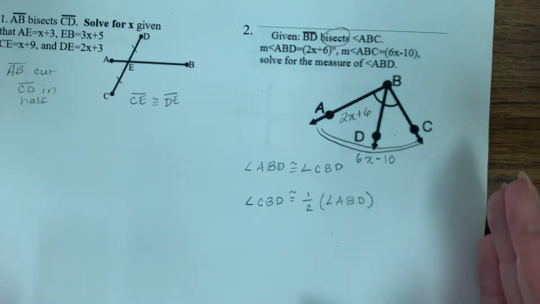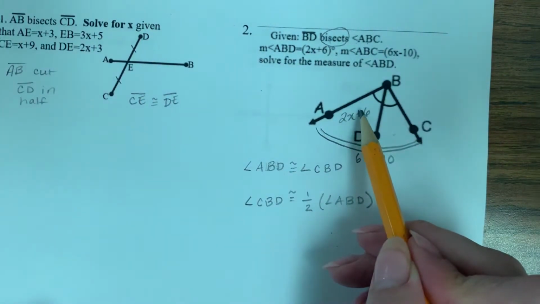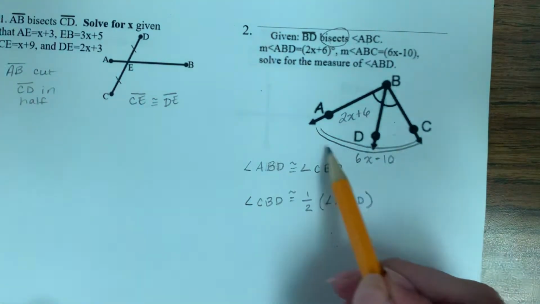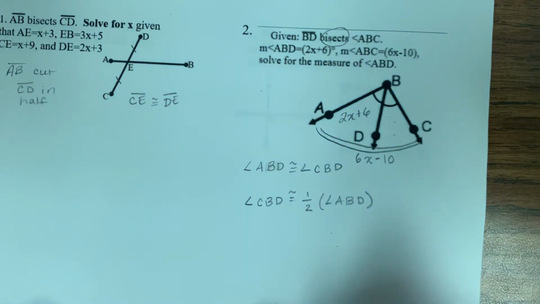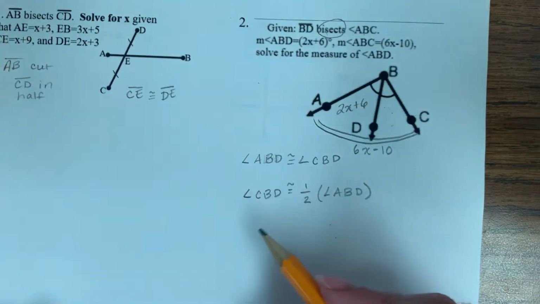There's a couple different ways you can solve this. So I need you to think about the fact that we know these two things are the same, right? And their total would be this whole thing. So there's probably 3 to 4 different ways you can solve this. But I'm going to need you to figure that out for yourself.